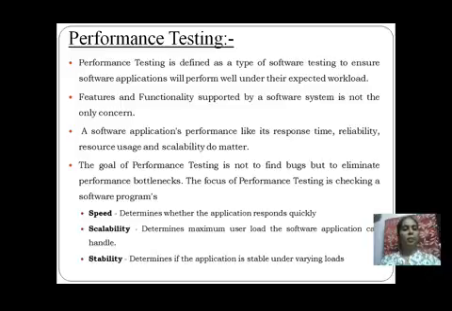Now the third part we need to consider in performance testing is the stability. Stability determines whether the application is stable under varying loads. As we are checking the speed and the scalability with respect to performance testing, accordingly we find out the stability of that application.